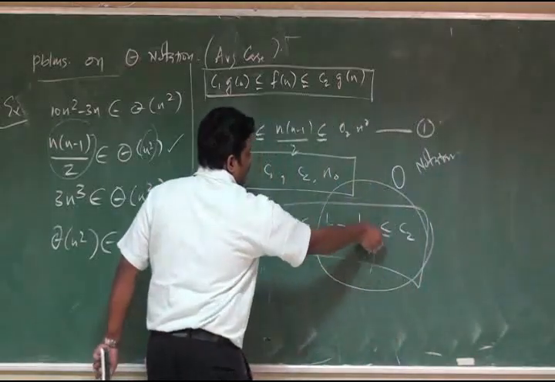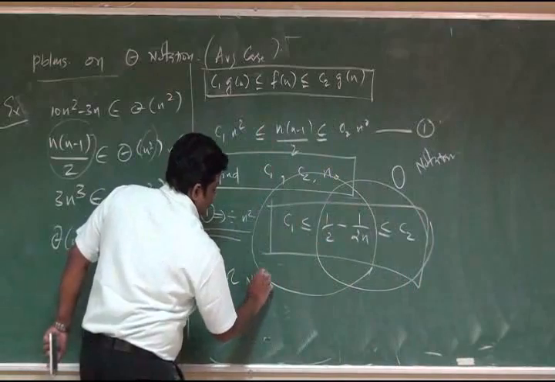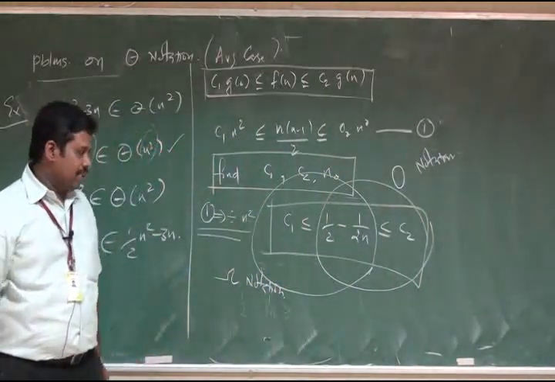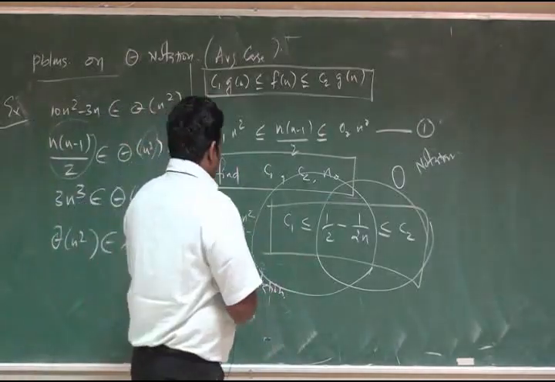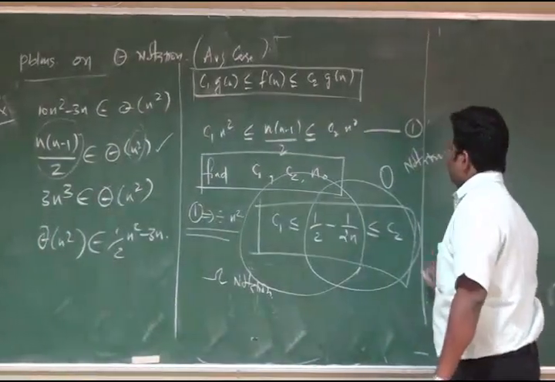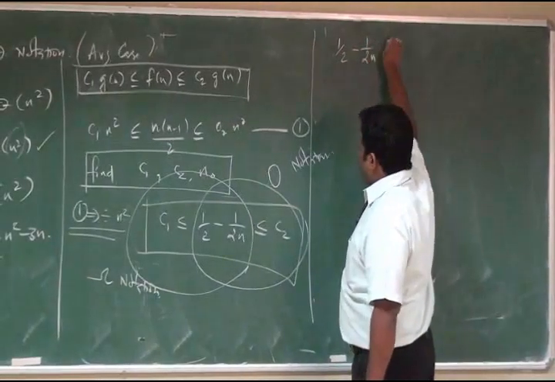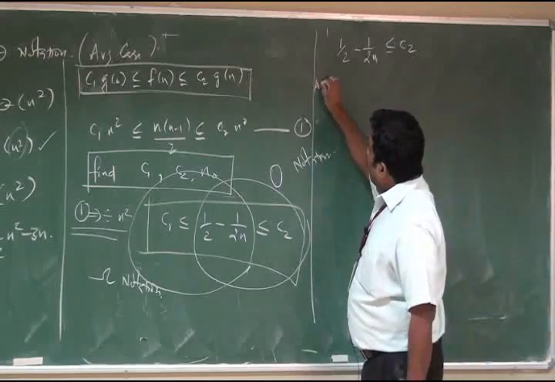And when you look at this part alone, it resembles the concept of big omega notation. Let's find out the answer for C1 and C2 individually. Let's find C2 first. So 1 by 2 minus 1 by 2n less than or equivalent to C2. Apply values for n.